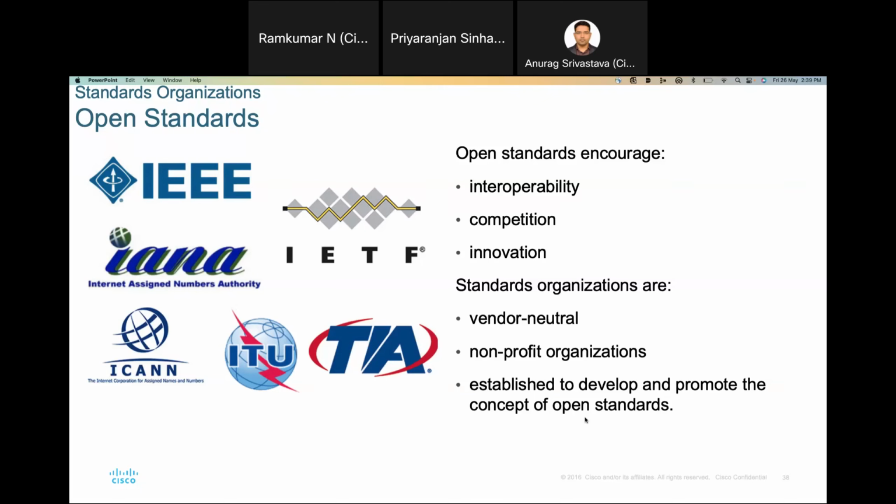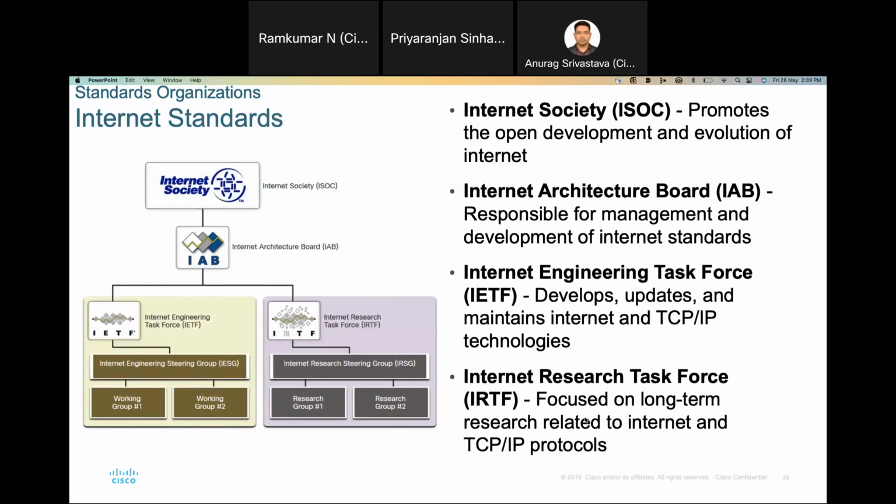We have the USB port, and you can connect it to any laptop, any vendor. That is called interoperability. These organizations help in maintaining interoperability and innovation. So these are the standards they are currently following.